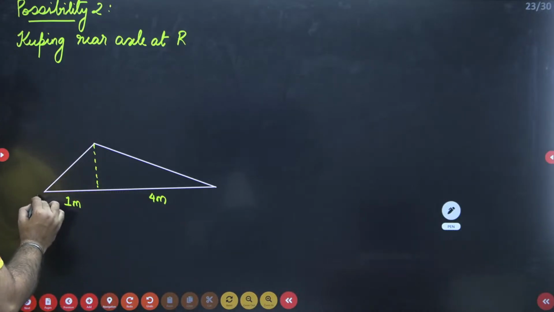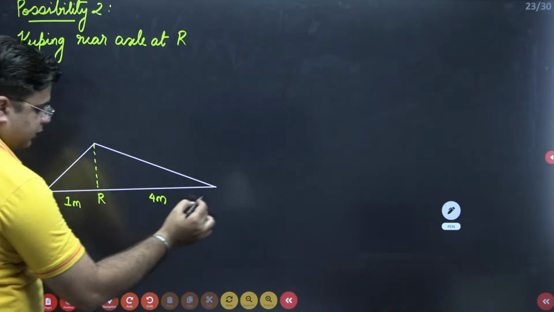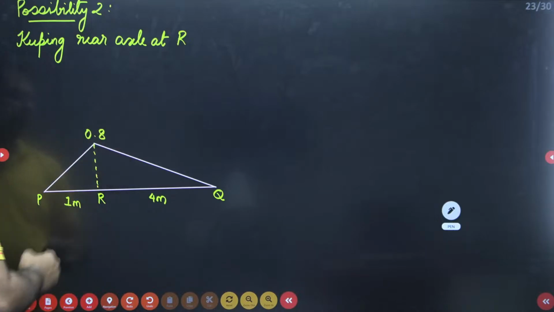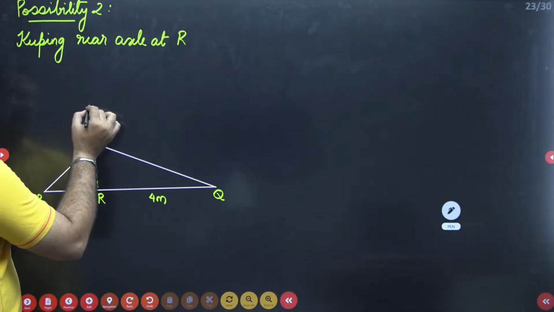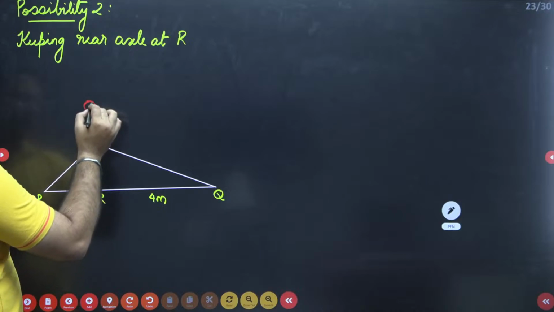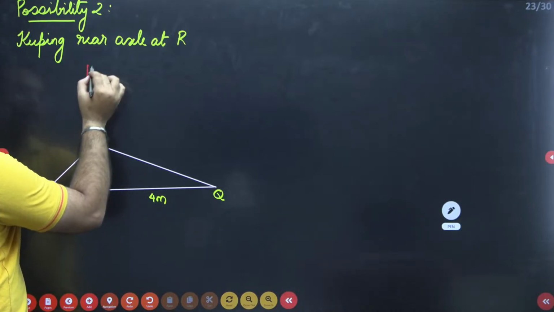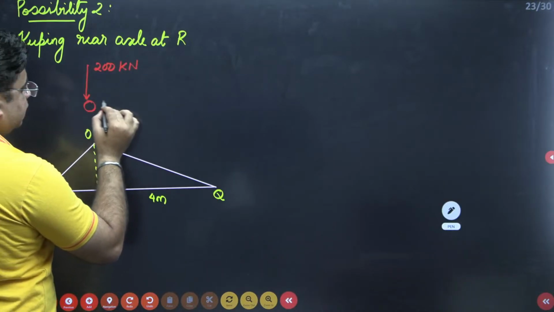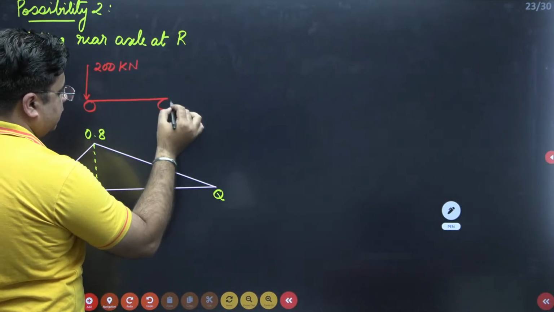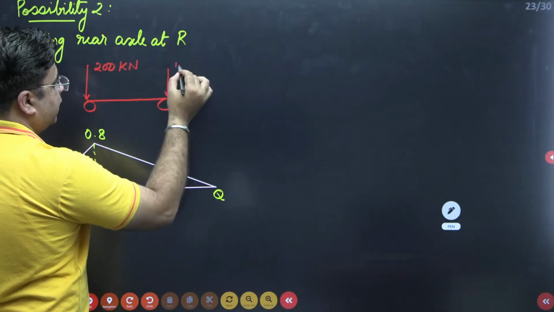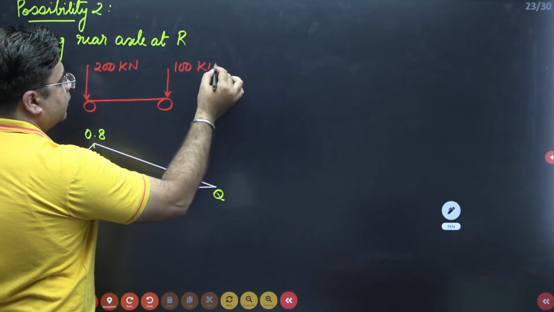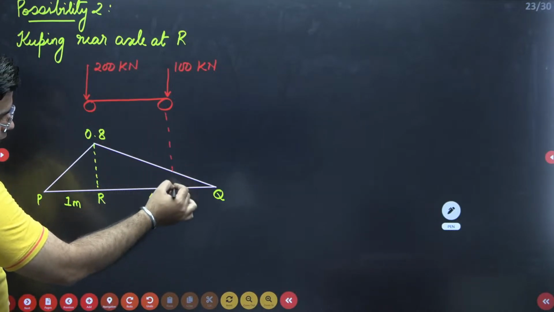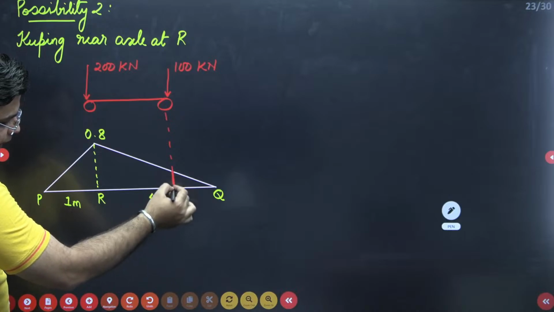This is P, this is R, and this is Q. And this is 0.8. Now second possibility is keep the rear axle at R. So this is 200 kilonewton. This is the front axle. This is 100 kilonewton. Now when you keep it like this front axle will also contribute in some of the bending moment, right?